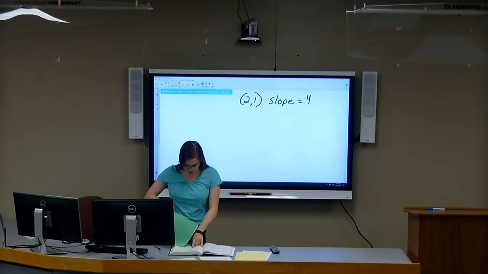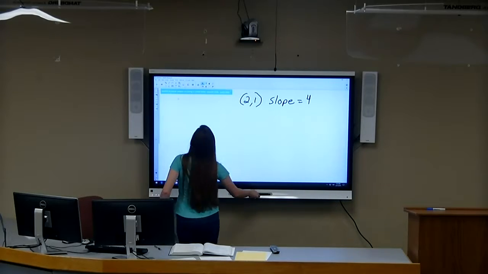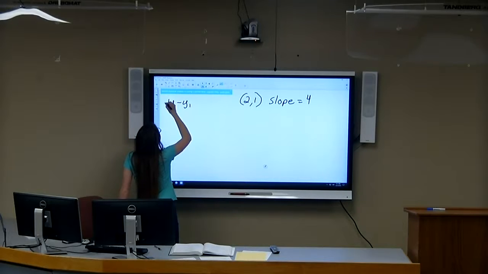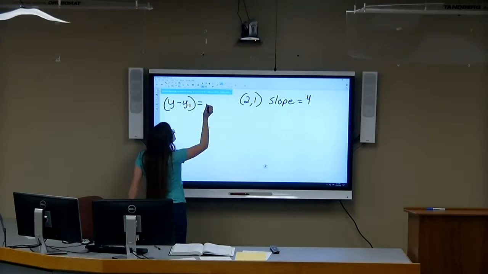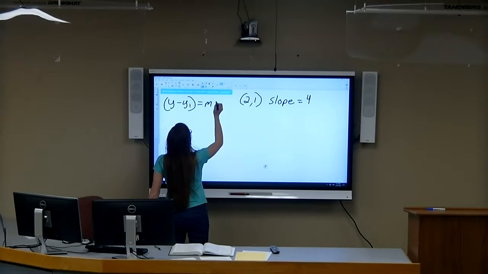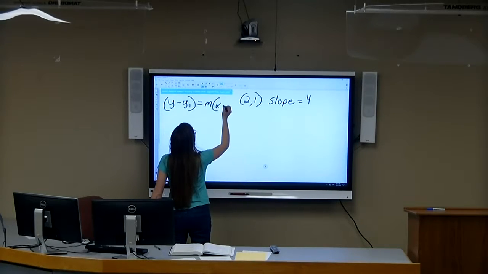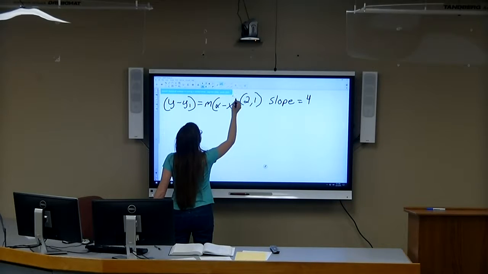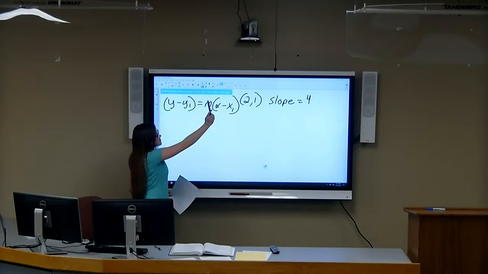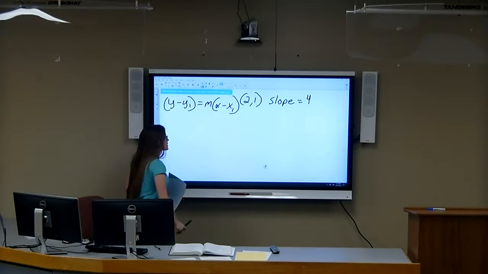It is the second yellow box. It shows you this formula. This is the formula you will use to get this information into point slope form.